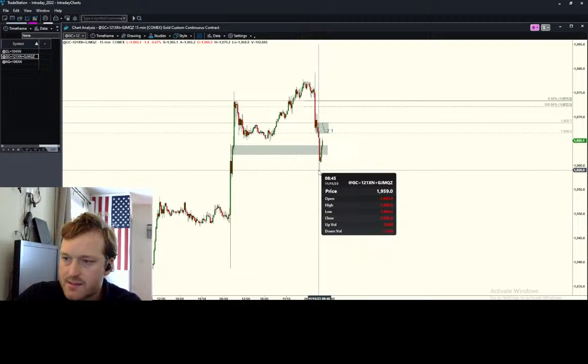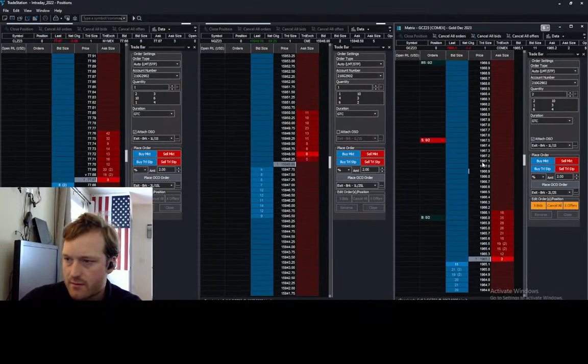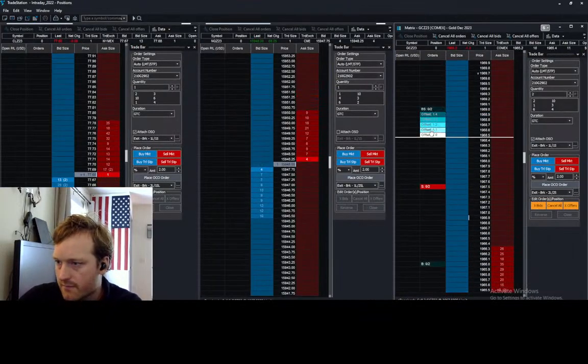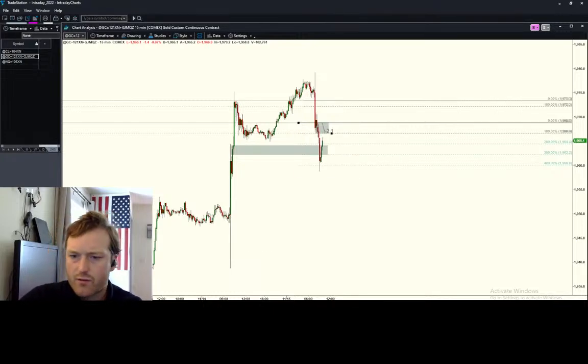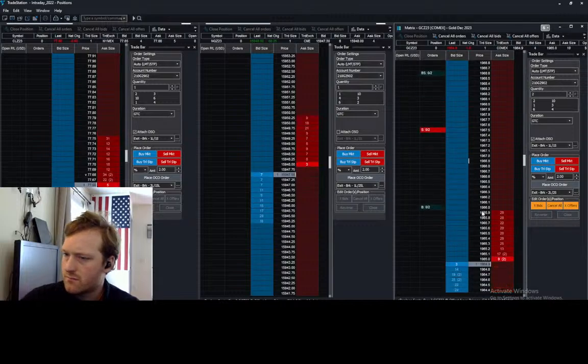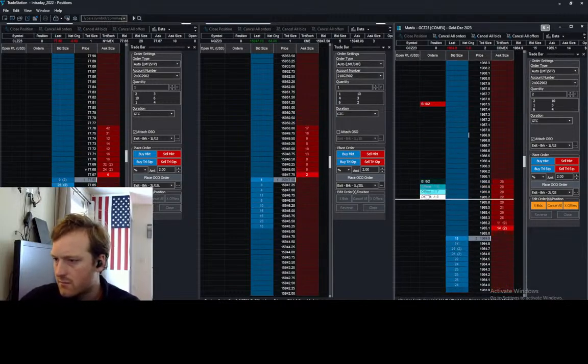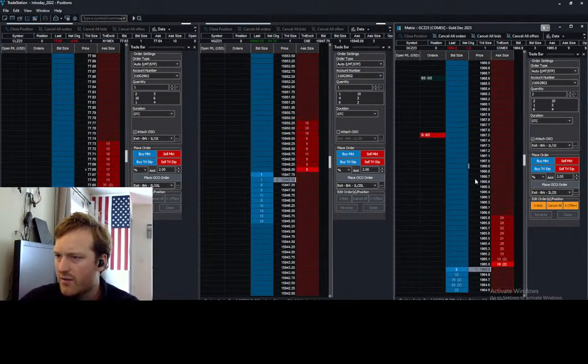Stop is 68.5. Targets 64.4. Way down there.